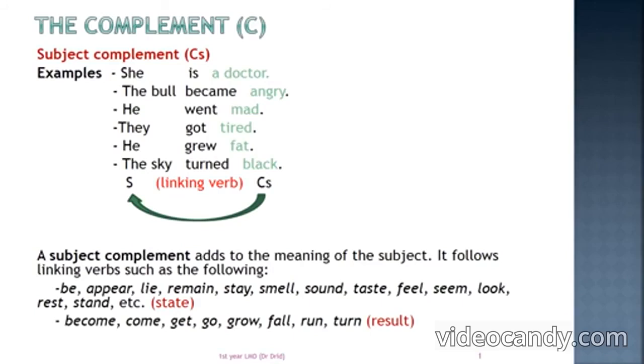All these are subject complements. We notice in sentences which have a subject complement that there is a verb which is called a linking verb. The most important linking verb is the verb to be. She is a doctor. The verb to be links the subject and its complement.